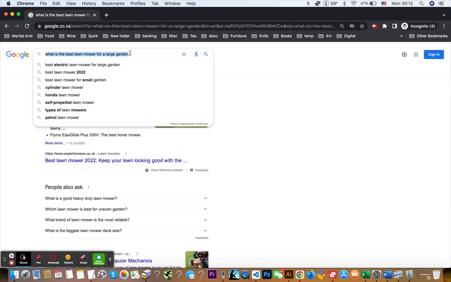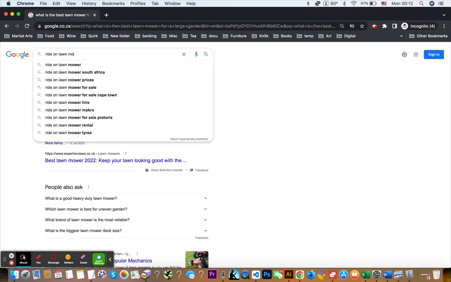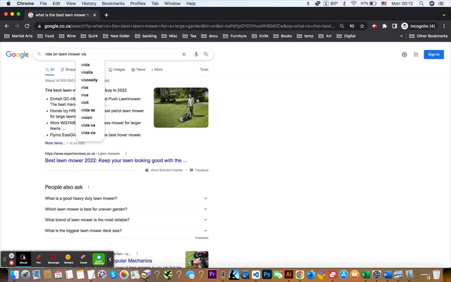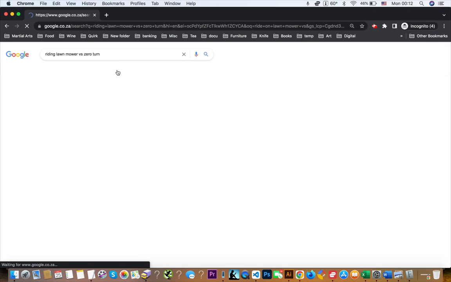Now, the next stage would be the consideration stage, which would be, for instance, ride on lawn mower versus a zero turn lawn mower.